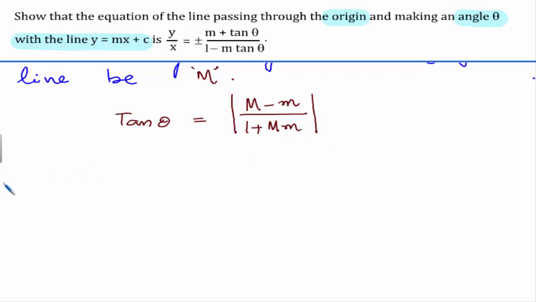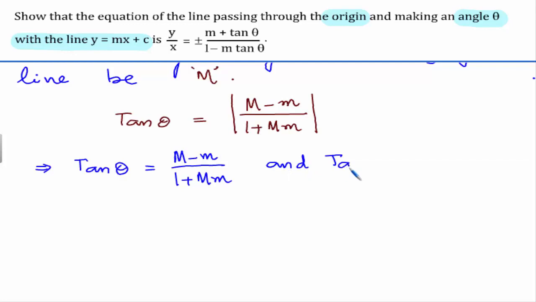As this is absolute value, that implies tan theta will have two values, that is plus capital M minus small m by 1 plus capital M into small m, and one is with a negative value, that is tan theta is equal to minus capital M minus small m by 1 plus capital M into small m.